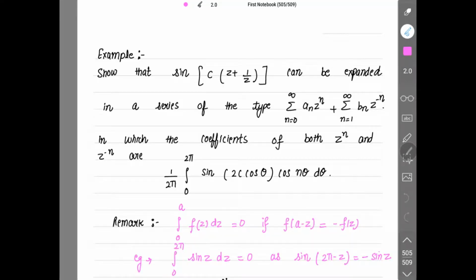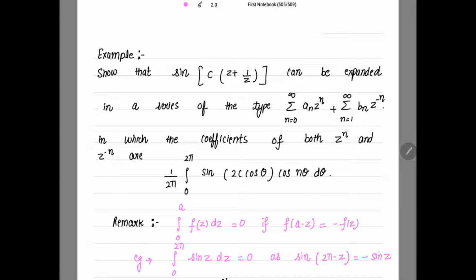The example is: show that sine of c into z plus 1 over z, where c is any constant, can be expanded in a series of the type summation 0 to infinity an z to the power n plus summation from n equal to 1 to infinity bn into z to the power minus n, in which the coefficients of z to the power n is an and for z to the power minus n is bn.